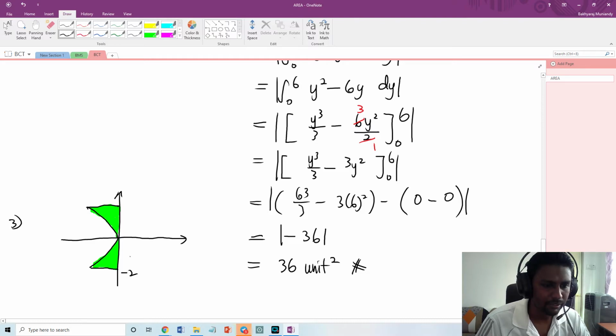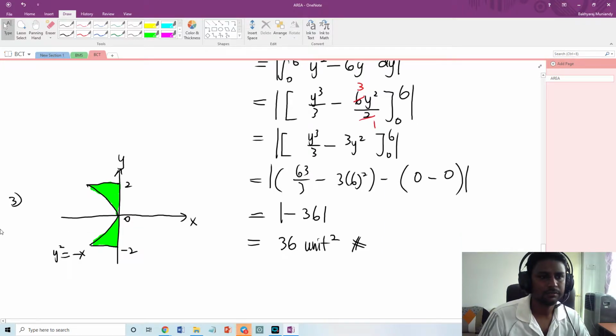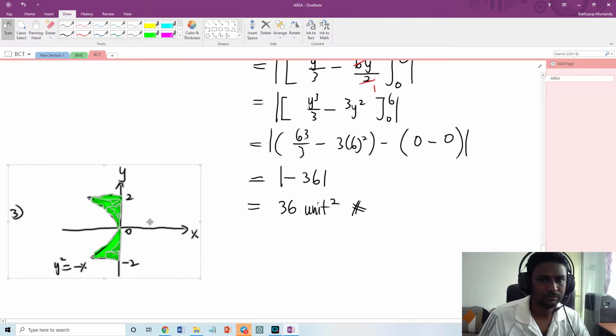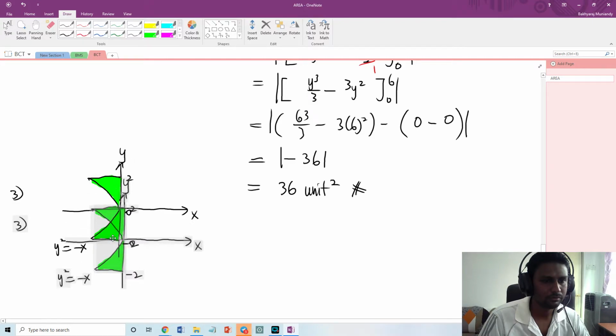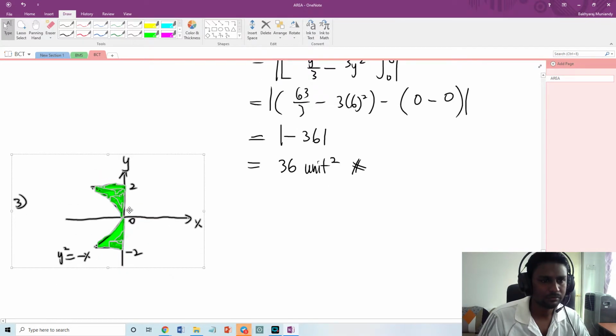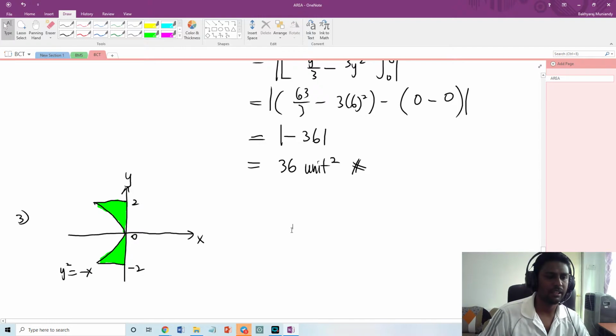Okay, so this is question number 3. Copy this problem and try to solve it.